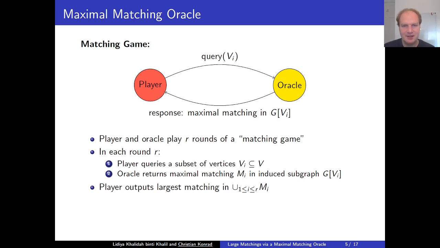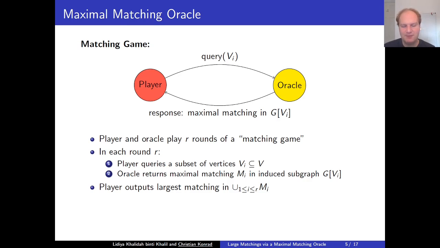Initially, the input graph is not known to the player. The player only learns about the input graph by the answers from the oracle, that is, by the edges returned from the oracle. In the end, the player has accumulated a certain number of edges and would return the largest matching that can be computed among the edges that the player has learned about the input graph.